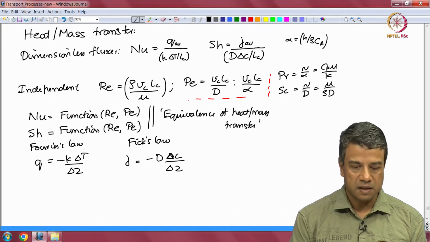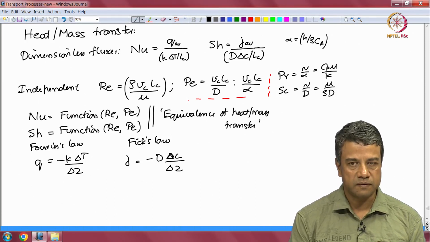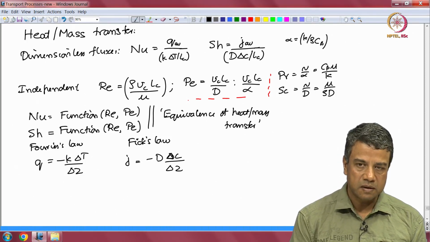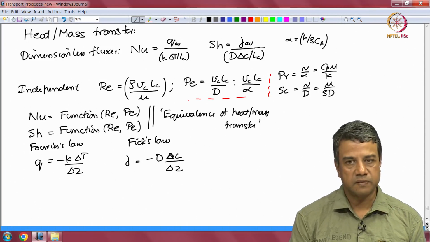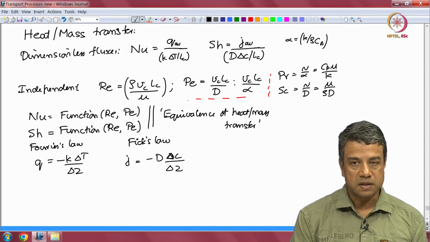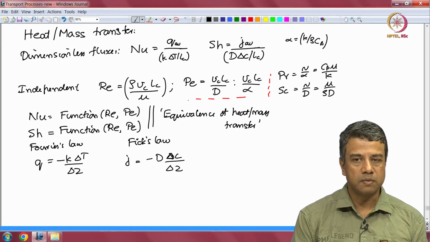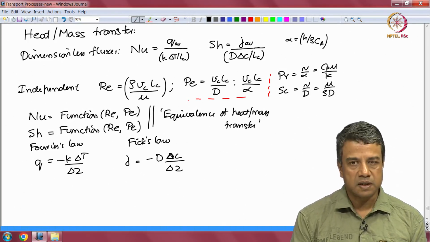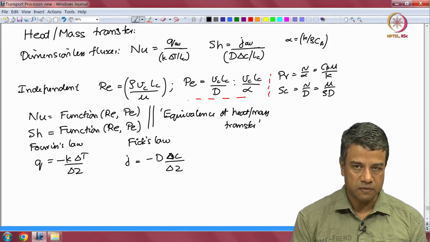There is an exact analogy between Fourier's law for heat conduction and Fick's law for mass diffusion. If you substitute the heat flux for the mass flux, thermal diffusivity for the mass diffusivity, as far as diffusion is concerned, there is an exact equivalence. The flow details are exactly the same if the Reynolds number is the same, because the Reynolds number is the only dimensionless parameter that characterizes the flow.